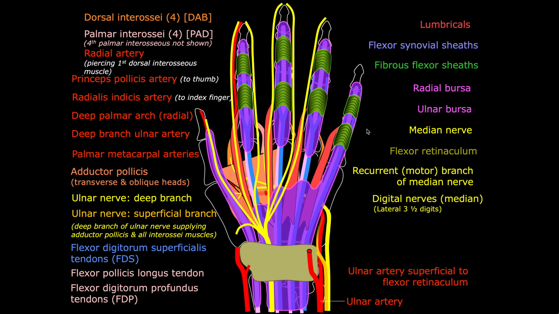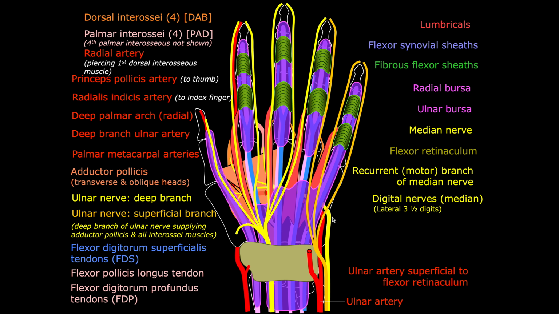So now look at the superficial branch. It's not the deep. Deep is this one. This is superficial. Superficial branch of my ulnar nerve. It supplies the ulnar side of my pinky, radial side of my pinky, and ulnar side of my ring finger. So 1.5 digits are innervated by the sensory branch of my ulnar nerve, and you can see that when the ulnar nerve was reaching near my wrist, it was splitting into a superficial and a deep branch.